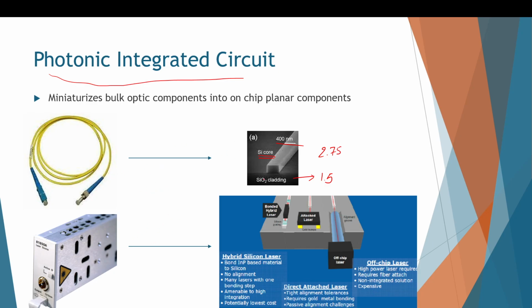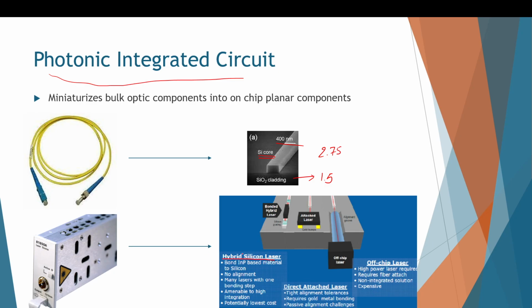Once we are able to guide light on a chip, we also need the light to be coupled to the chip. There are many ways we can do it. In bulk optics we usually use a laser, right? In integrated optics we can integrate such lasers on the chip. There are many different methods of doing it. One is the hybrid silicon laser.